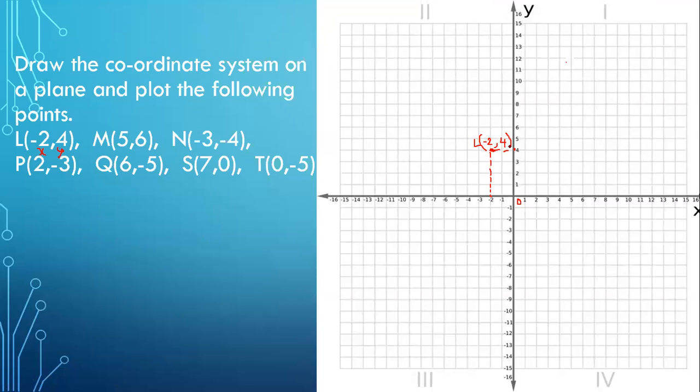Close the bracket. The next point is point M and the coordinates are (5, 6). So on the x-axis, where is 5? Over here. And on the y-axis, you can see 6 over here. Again, we have to start drawing a parallel line to the y-axis from number 5.